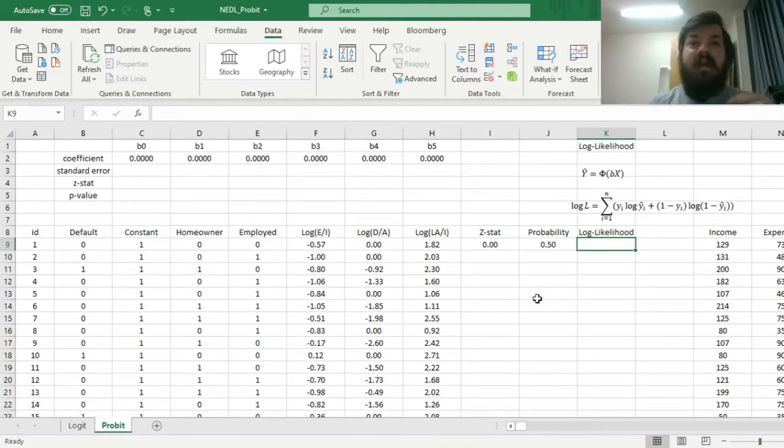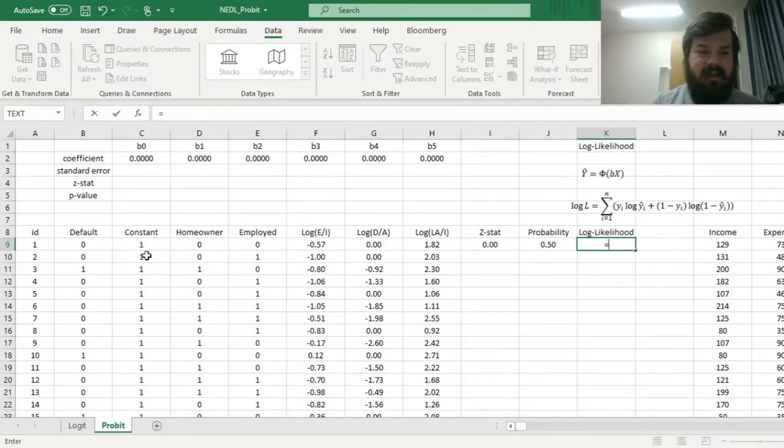So here we can estimate the log likelihood for each and every one of our observations, and then sum those values together to get the total log likelihood that we'll aim to maximize using the Excel numerical solver function. So here we can use this formula to assess log likelihood, multiplying our y, so our dependent variable here, by the natural logarithm of the estimated y, so the estimated probability over here, and adding 1 minus y, the categorical variable that actually occurred, times the natural logarithm of 1 minus the estimated probability from the Probit model.